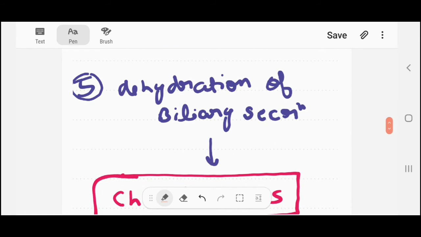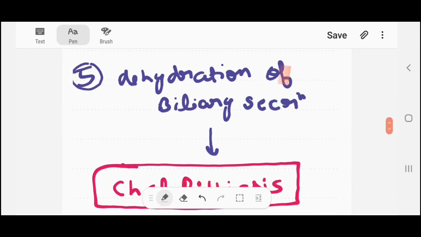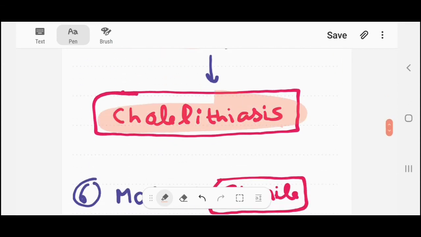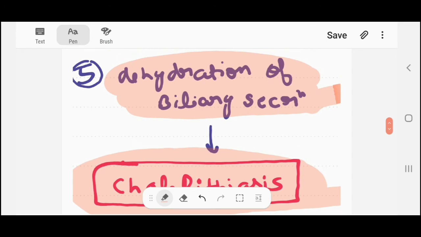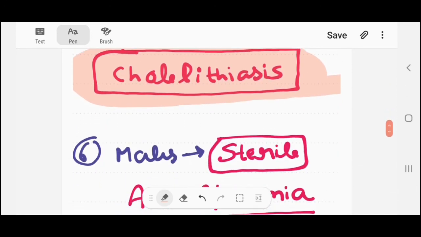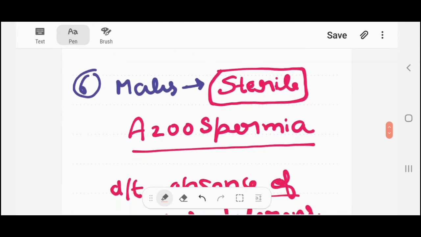Coming to the next, dehydration of the biliary secretion can also be there, which will cause cholelithiasis, meaning stones in the gallbladder. Coming to the next, this is very important, guys.